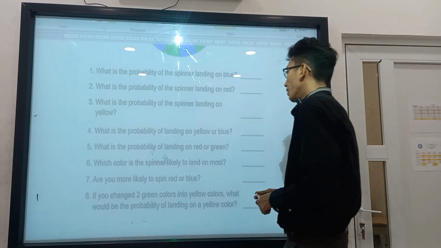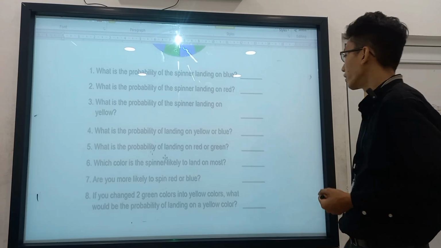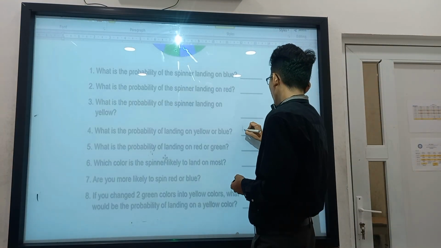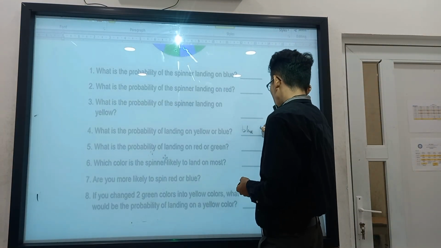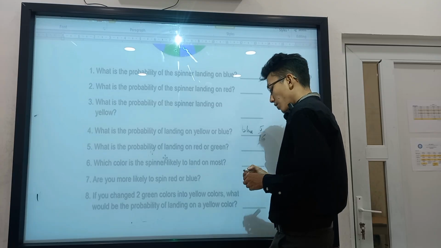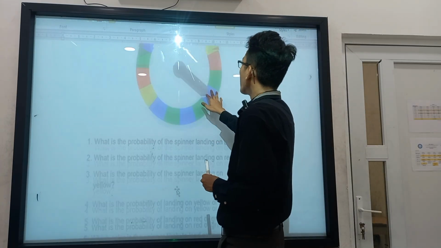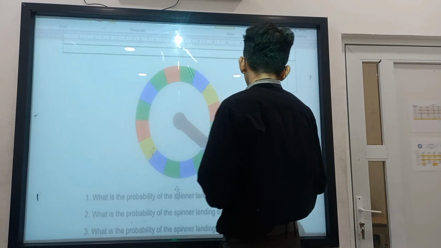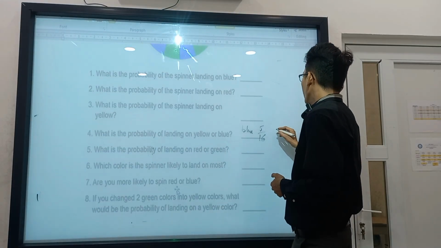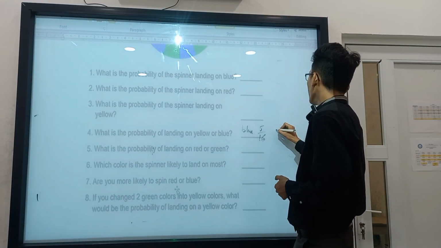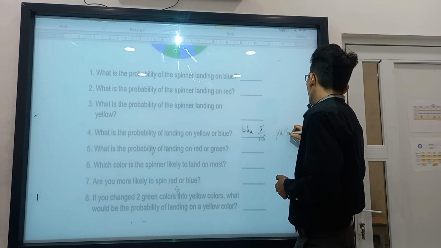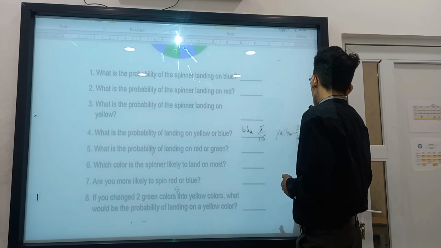What is the probability of landing on yellow or blue? We already know the blue is 5 over 16, while the yellow is 2, only 2. Blue is 5 on 16, yellow 2 on 16.